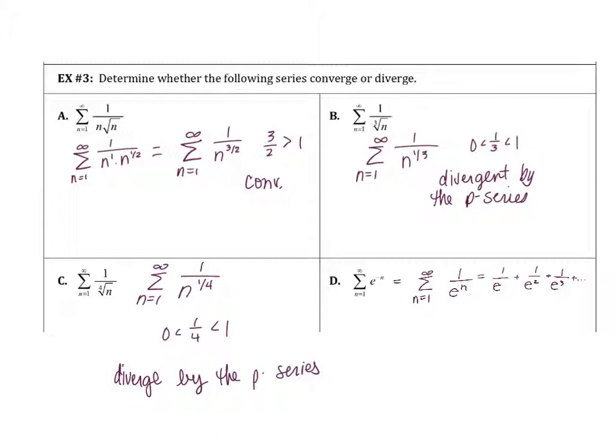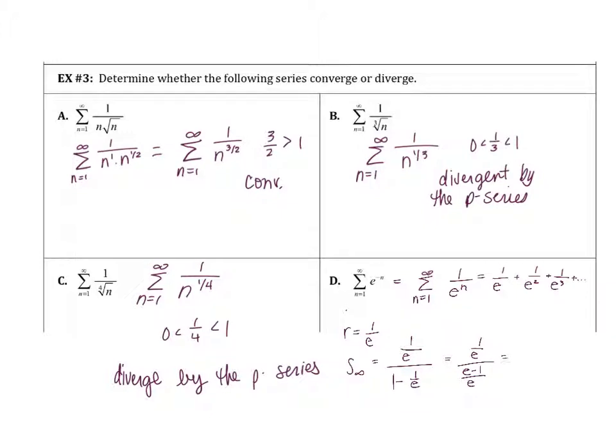So notice this is an infinite geometric, and I know this is going to converge if the absolute value of r is between 0 and 1. And notice each time I'm multiplying by 1 over e. So I can go ahead and actually find this infinite sum. Our first term is 1 over e over 1 minus 1 over e. And so that's going to be 1 over e over e minus 1 over e.